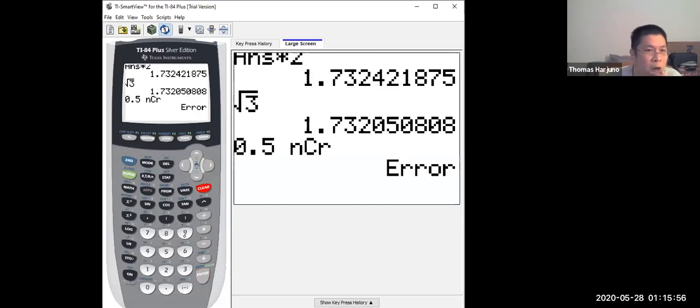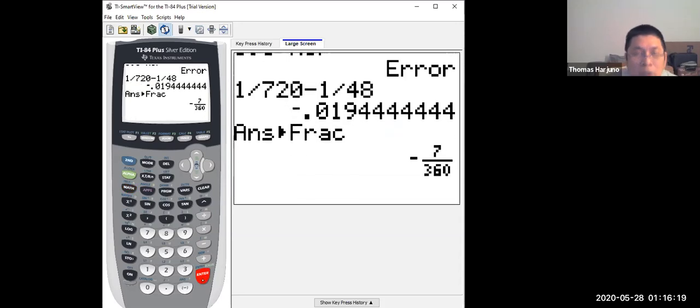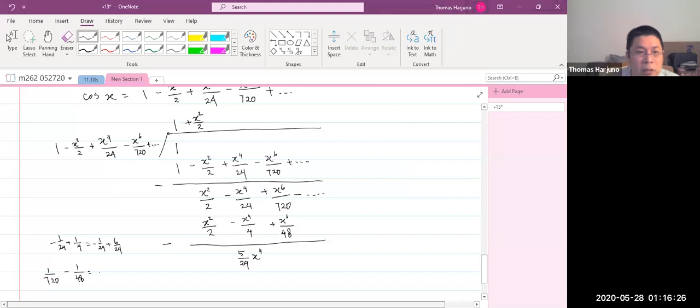So what's that? 1 over 720 minus 1 over 48, is it? Now that gives me decimal. I want the fraction. Okay, then to change that to fraction, I do this. Negative 7 over 360. Oh, you see? Lazy guy. That's negative 7 over 360.